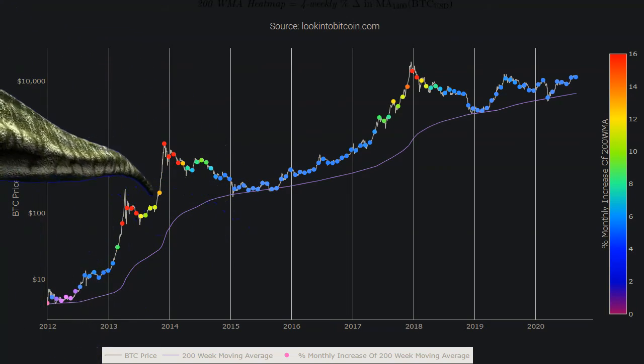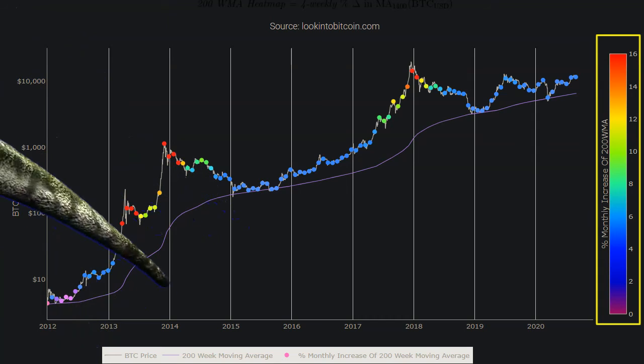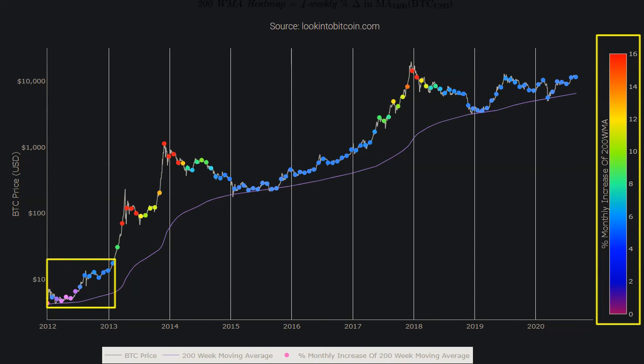On the sidelines, you can see the colors, which point to the percentage of monthly increase of the 200-week moving average. So, as we read just before, blue and purple means buying. In 2012, the whole year, we had the signal to buy.